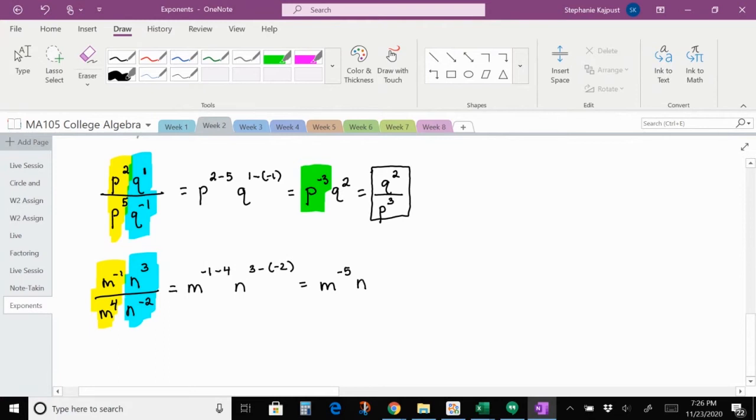And then on the n, 3 minus -2 is the same as 3 plus 2, so that gives us a +5. And then that negative exponent, we want to flip-flop it to get a positive exponent. The n to the 5th is not changed, but now the m is going to be the denominator in order to make the exponent 5 instead of -5.